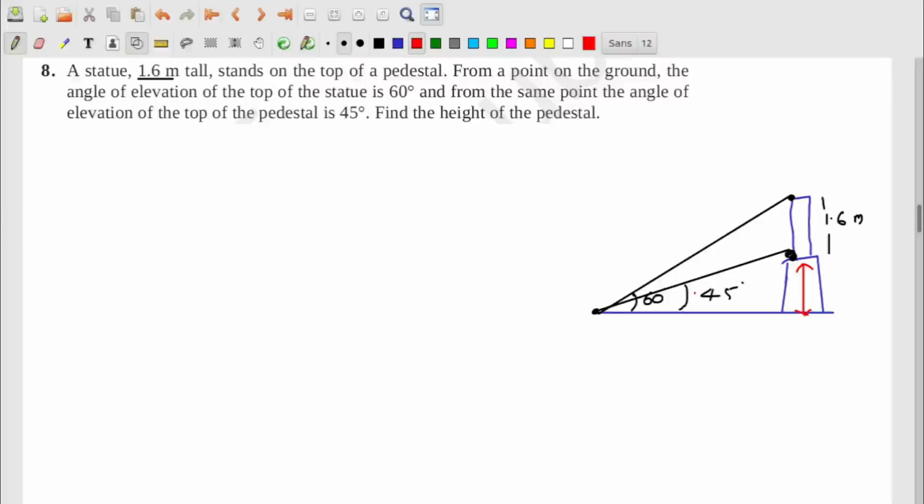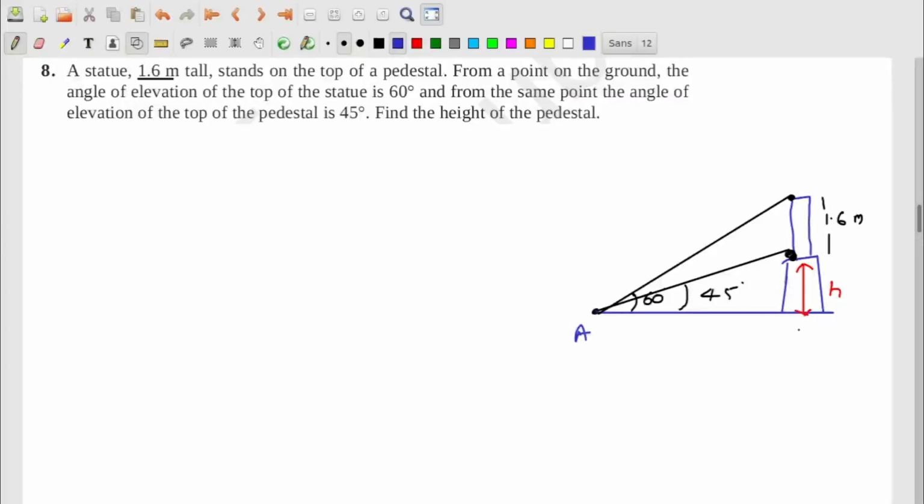Okay, so here to find the height of the pedestal, let me take it as h. To find the height of the pedestal, we need trigonometric ratios, and to use trigonometric ratios we need right angle triangles. So from the figure you need to take the available right angle triangles and then apply trigonometric ratios. So keep it simple, just take the vertices of the triangle here.